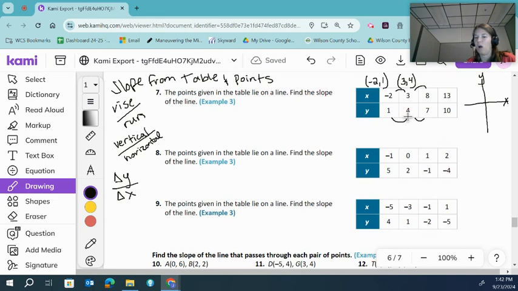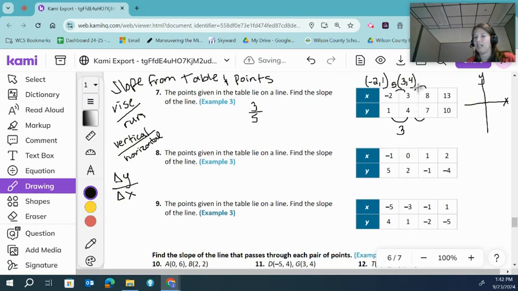My change in Y values from 1 to 4 is 3, and it's going up. And from -2 to 3 is 5. So my change in Y over change in X, or my rise over my run, my vertical height over my horizontal, is going to be 3 over 5.